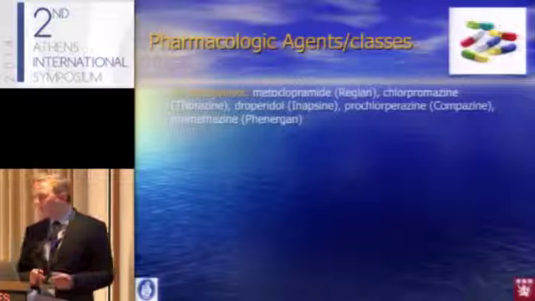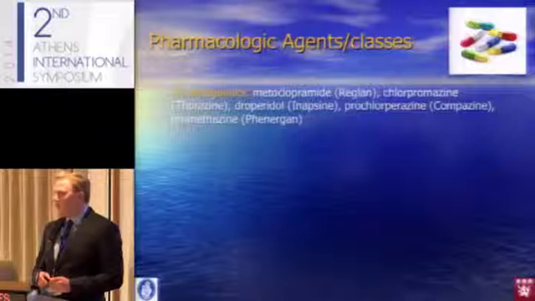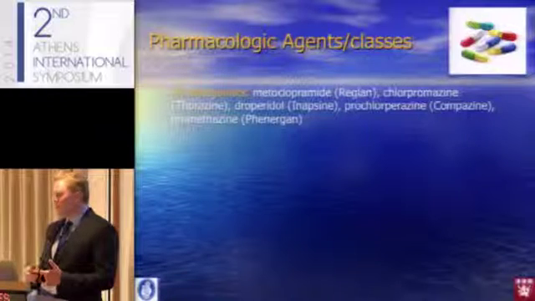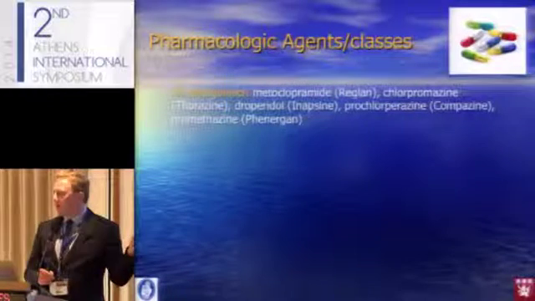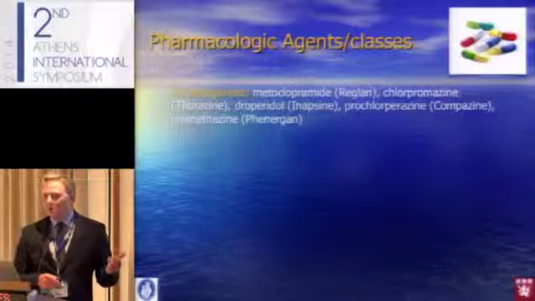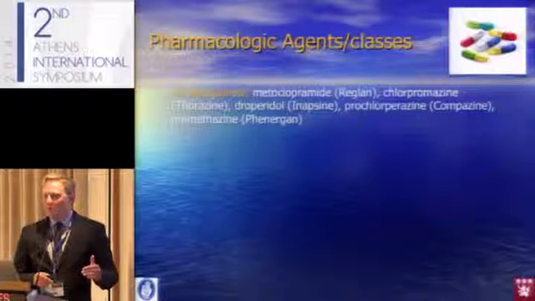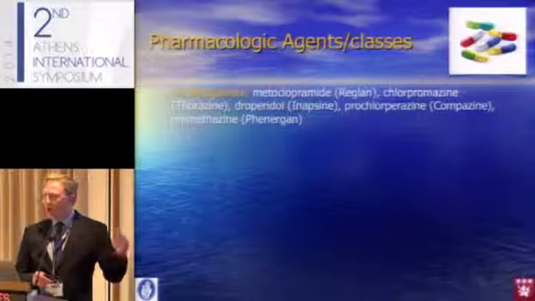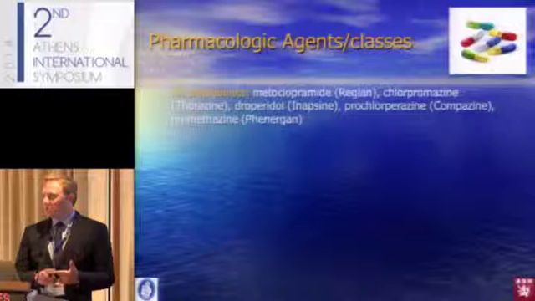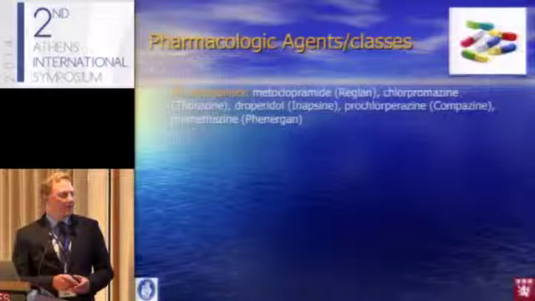Droperidol, you probably know that there's a black box warning because of QT prolongation with incidences of cardiac arrest. So because of that, droperidol is not used as much anymore, but recent studies have suggested that if you use it appropriately and not dose it high, that the risk of QT prolongation and cardiac arrest is probably very low. So it's not as unsafe as people think it is.